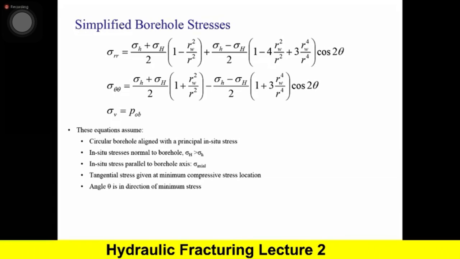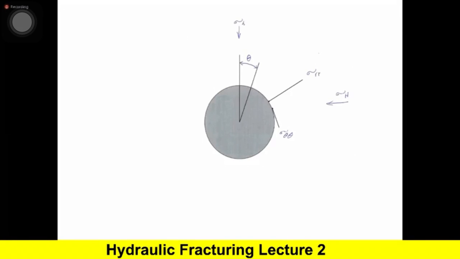So if I have a rock, and let me show you, basically I did this by hand over the weekend. If I drill a well bore like this, the minimum horizontal stress is this way, the maximum horizontal stress is the other way, and I'm looking at the top of the well bore.